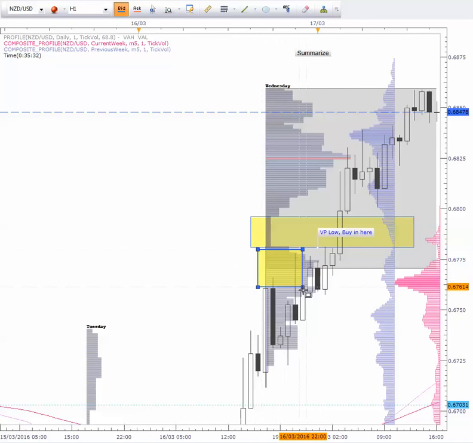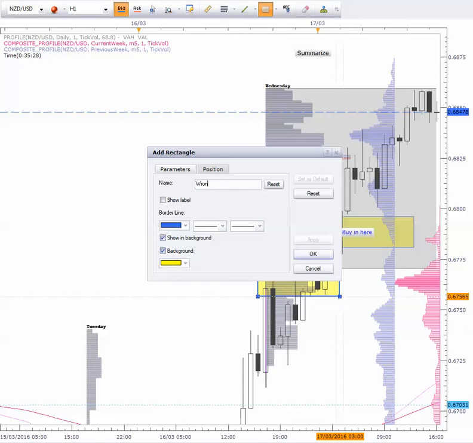I will be wrong on buy if price gets accepted into this value area.